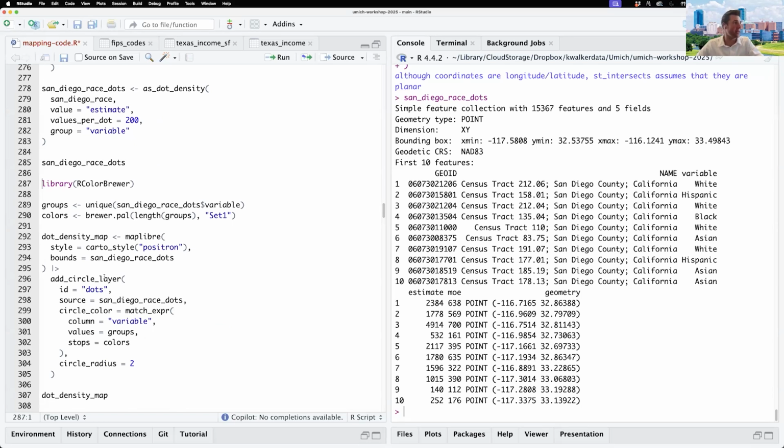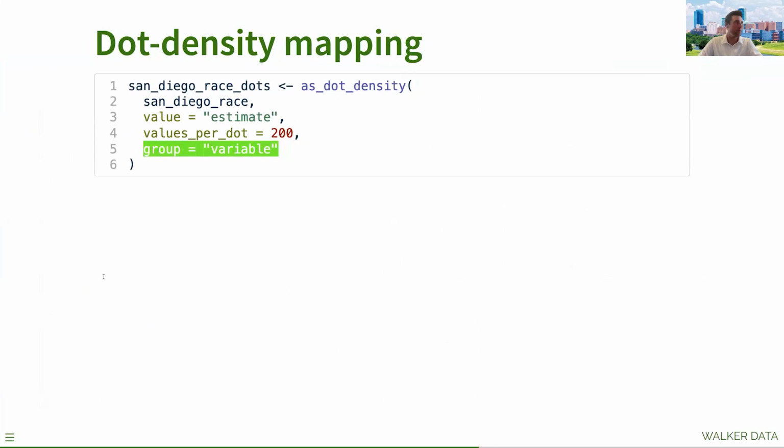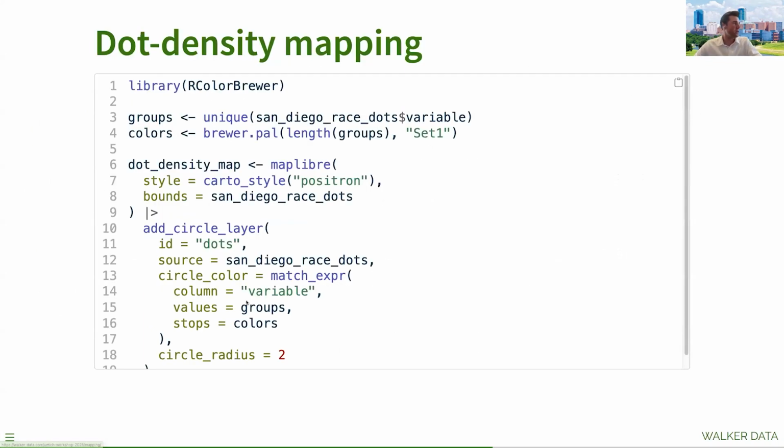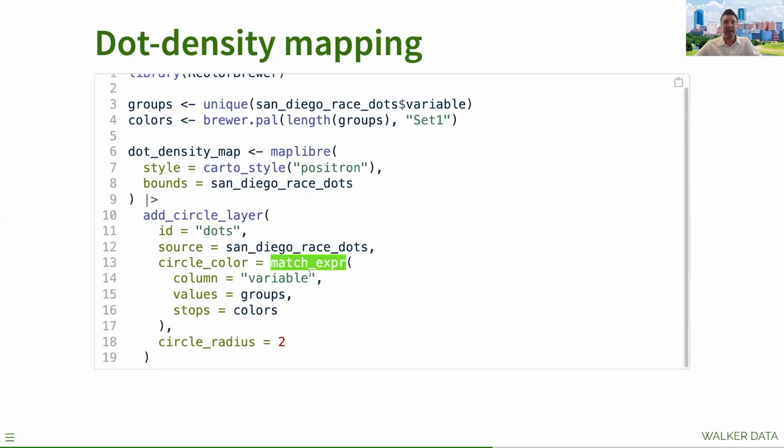And we can do that with a circle layer. And I want to show you a couple different ways that you can do that. So first things first, we're going to use a new expression. So there's interpolate expressions for continuous data, step expressions for categorical, or I should say stepped data. And then for qualitative data or categorical data, where there's no ordering or ranking, you're going to use something called a match expression.